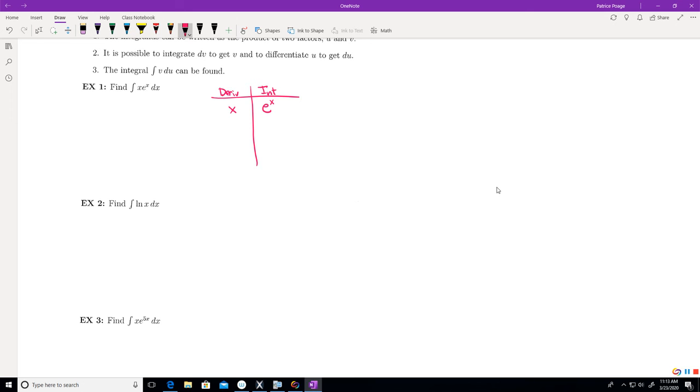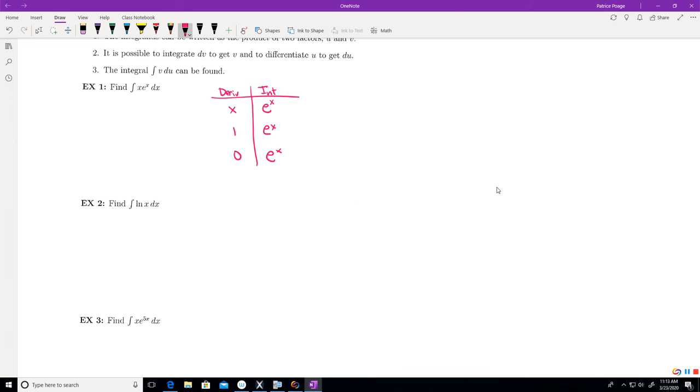You take the derivative until you hit 0. The derivative of x is 1, the derivative of 1 is 0, and you stop. You're now going to integrate the right side the same number of times. The integral of e to the x is e to the x, and again e to the x.